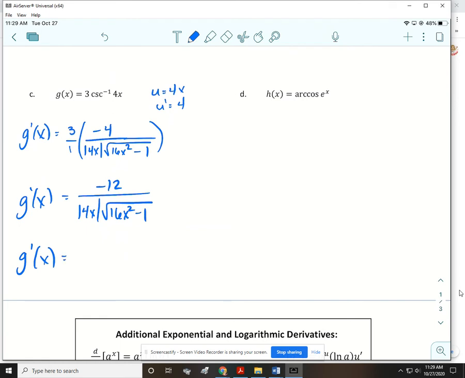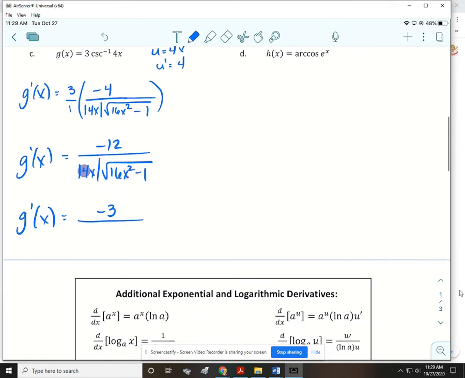So the absolute value of 4 is just 4. So then I can divide negative 12 by 4 and get negative 3. Now that x needs to stay inside the absolute value because we do not know if x has a positive value or negative value, so we keep that inside. But we knew 4 was positive 4, and the absolute value of that is 4.